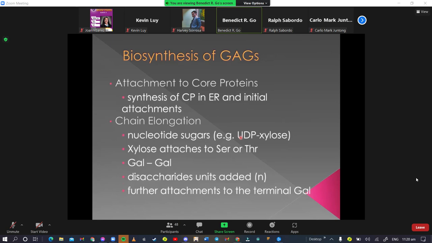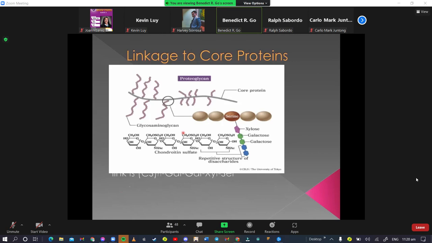Okay, now biosynthesis of GAG is important, but I think the degradation is more important to take note. For this, attachment of core proteins and chain elongation are all in Harper's. You can read that.